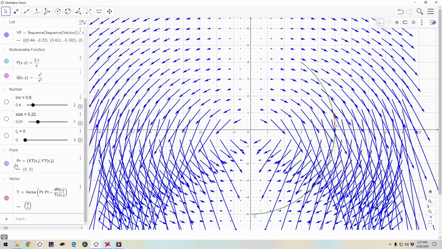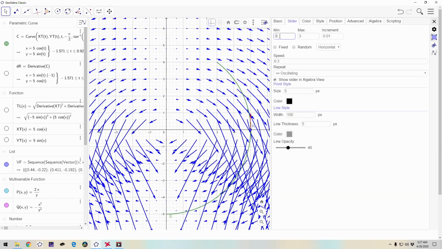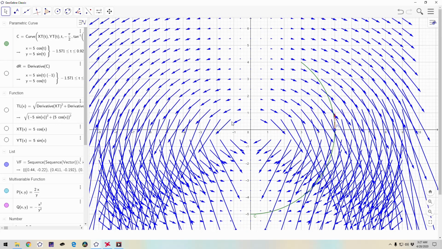Okay, so turn off the vector field for a second so that you can see where we're at here. Oh, I gotta put this thing right here. We'll fix that.